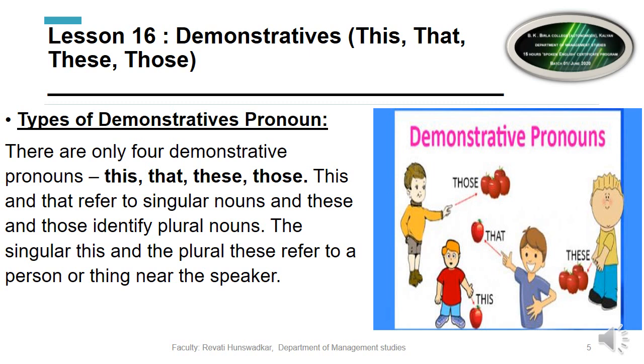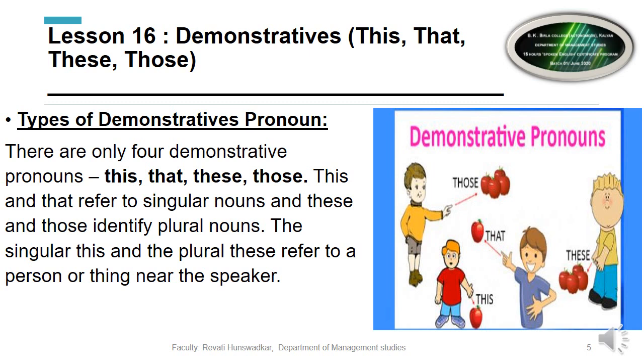First of all, there are four demonstrative pronouns: this, that, these, and those. This and that refer to singular nouns, and these and those identify plural nouns. The singular this and the plural these refer to a person or thing near the speaker.